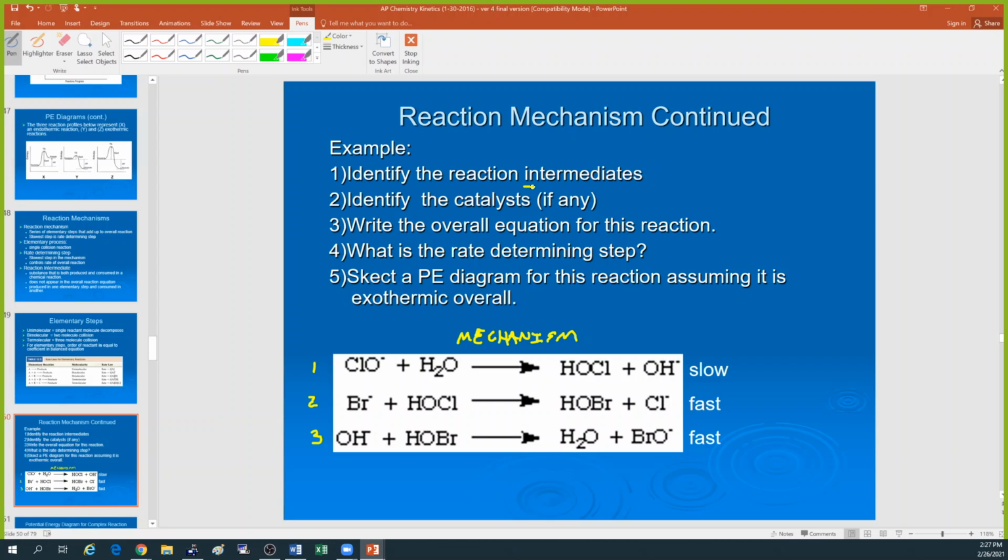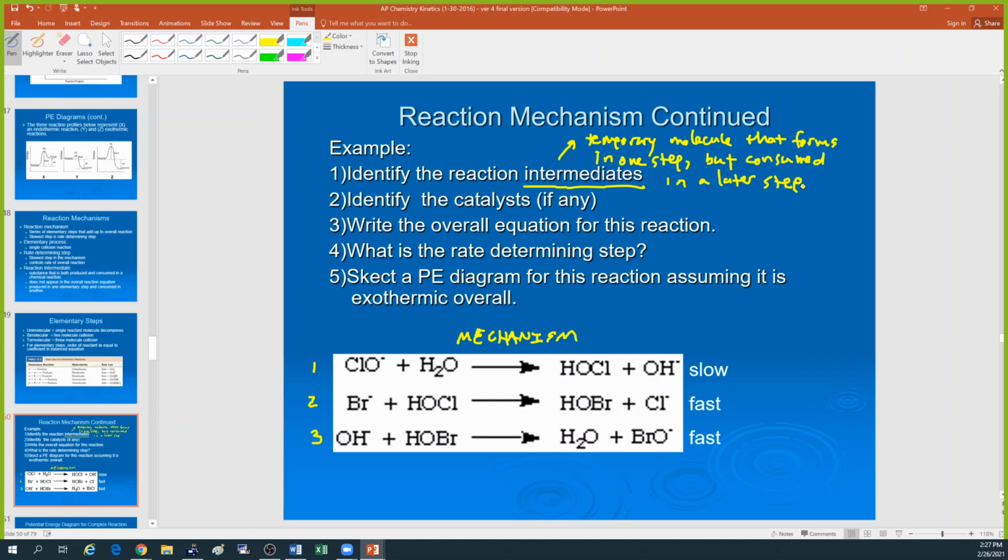Now the first thing it asks us for is, what are the intermediates? What does that even mean? Let's define it. An intermediate is a temporary molecule that forms in one step, but then is consumed in a later step.